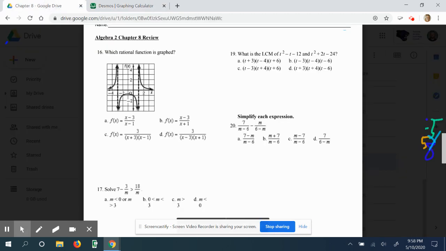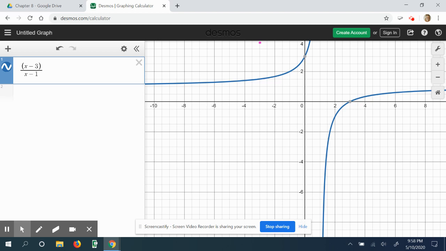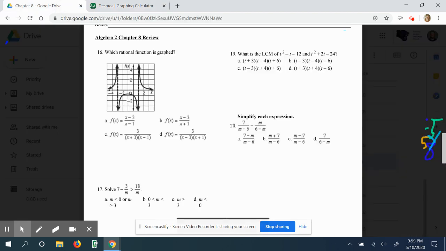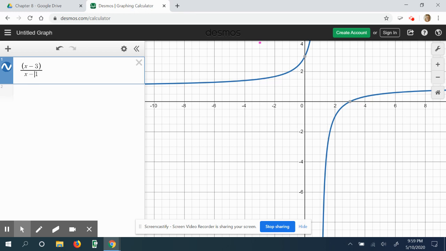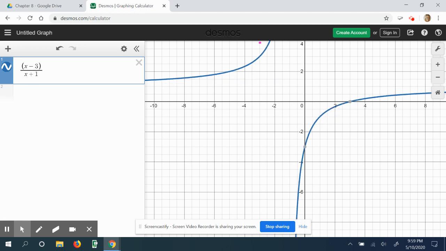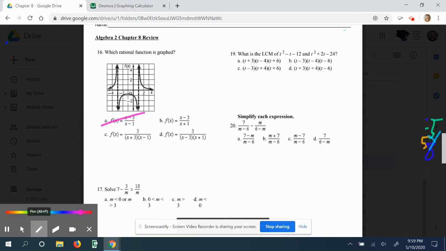Okay, so x minus 3 over x minus 1 looks like that, which is not our graph, so we know for sure it's not A. Okay, let's go to B, x minus 3 over x plus 1. Okay, looks like that. And again, that's not our graph, so we know it's not B.